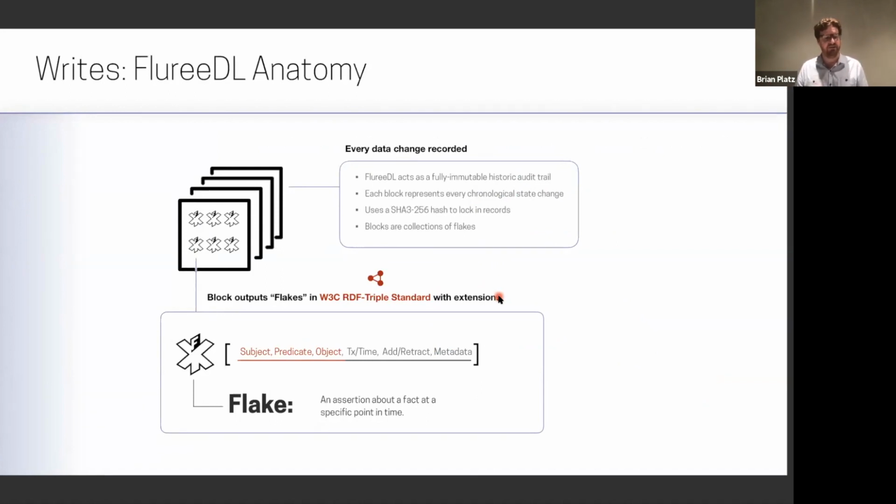In fact, an RDF database you'll often hear referred to as a triple store, or an RDF graph database or semantic database. RDF really defines these three initial key concepts: subject, predicate, object. And Fluree extends it with a few additional pieces of information that introduce concepts of time travel, and also introduce additional metadata within whatever can be transacted within Fluree.